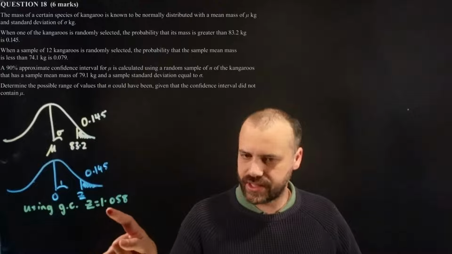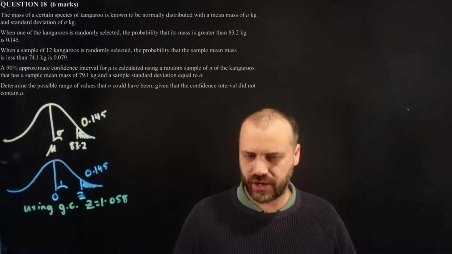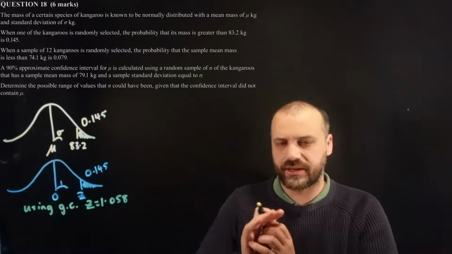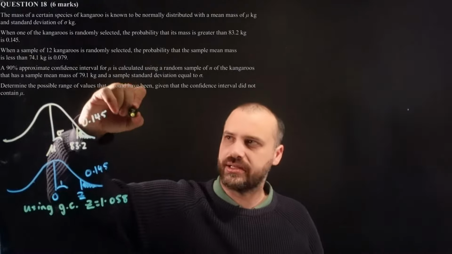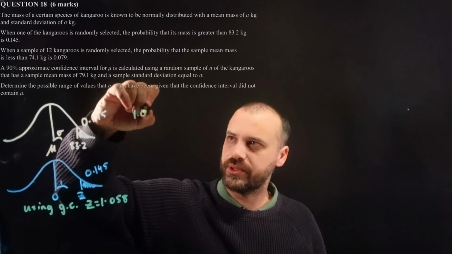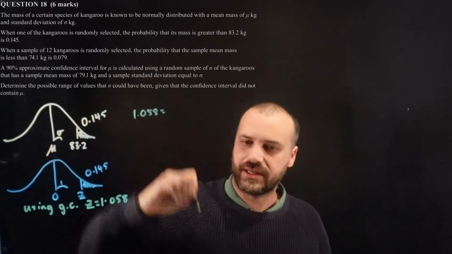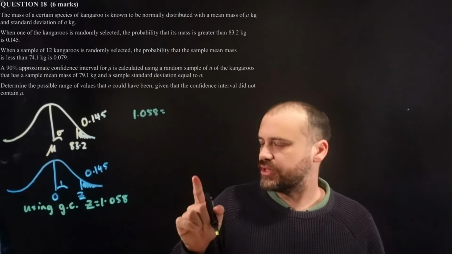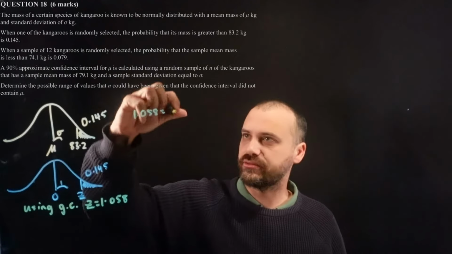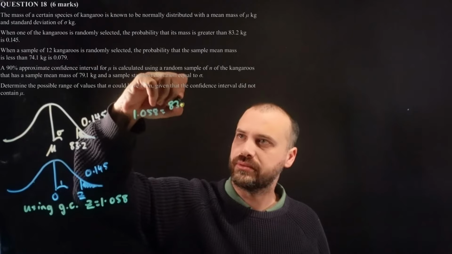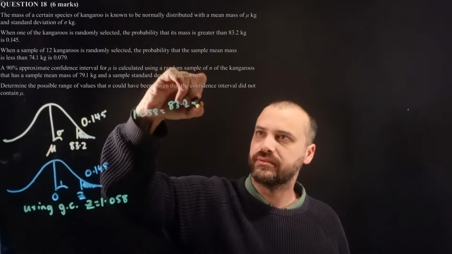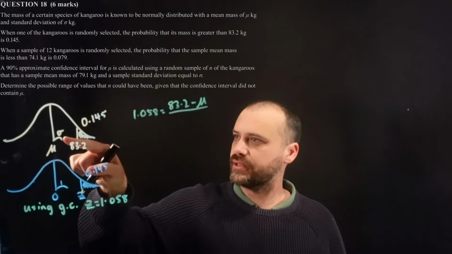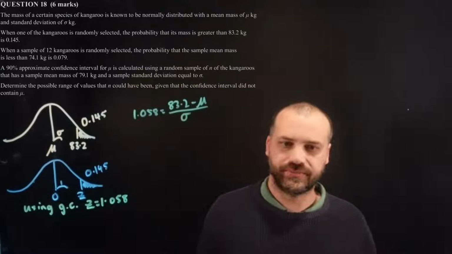So now that I have a z-score of 1.058, I think I can put together a wonderful formula, right? So I can say that z, which is 1.058, is equal to the score 83.2 minus the mean over the standard deviation.